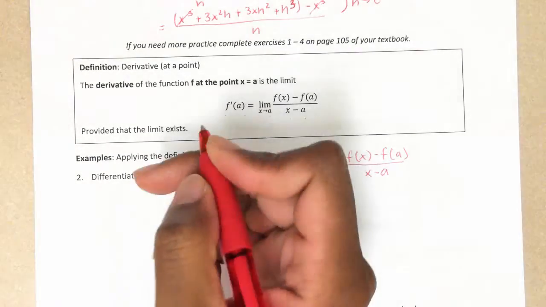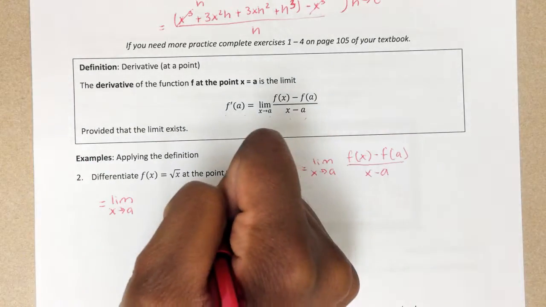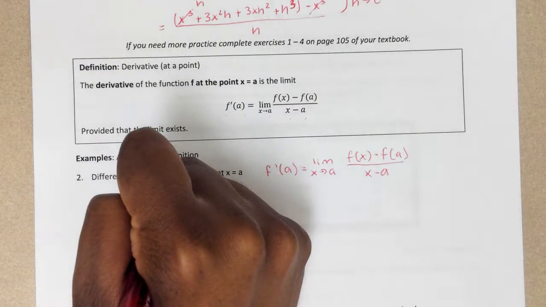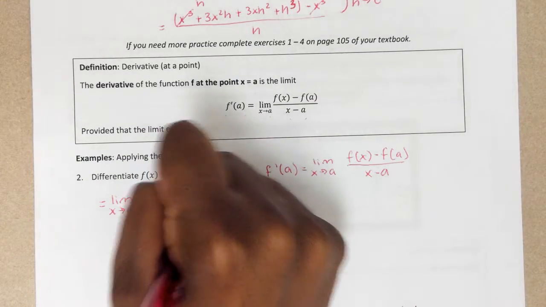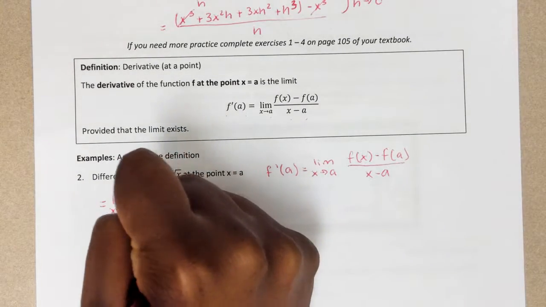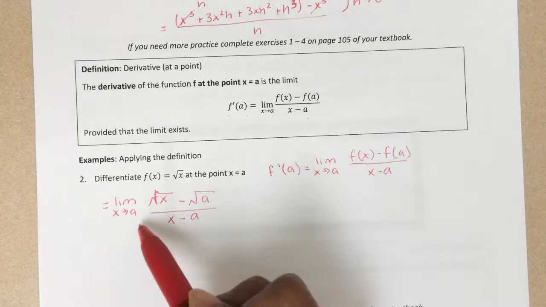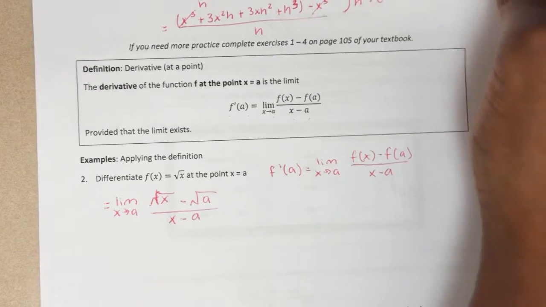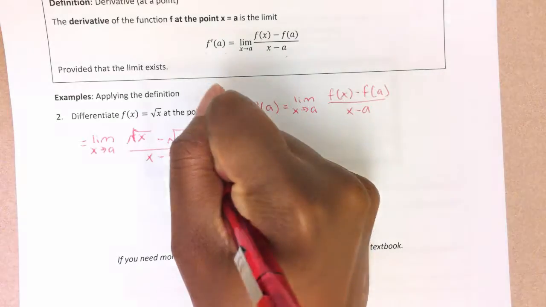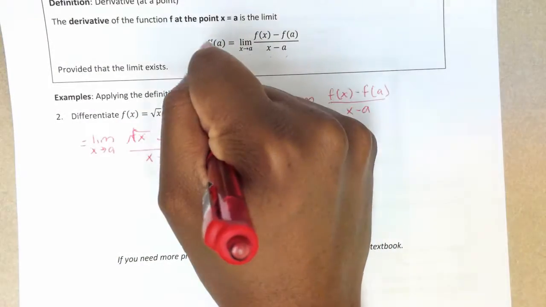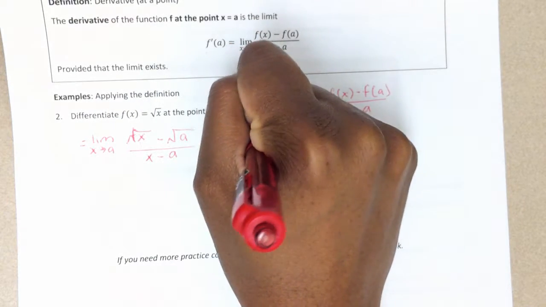That is equal to the limit as x approaches a of f of x, which is square root of x, minus f of a, which is square root of a, all over x minus a. If we were to try to directly substitute into this equation, we would get 0 over 0, so we want to rationalize by multiplying the top and the bottom by square root of x plus square root of a.